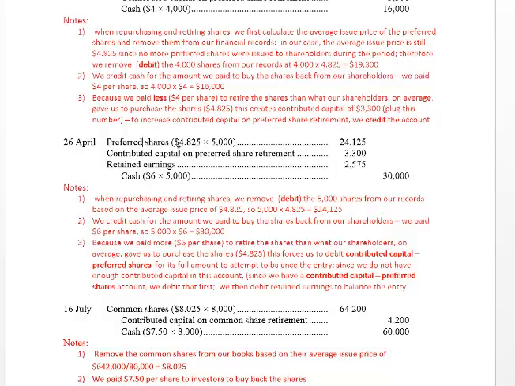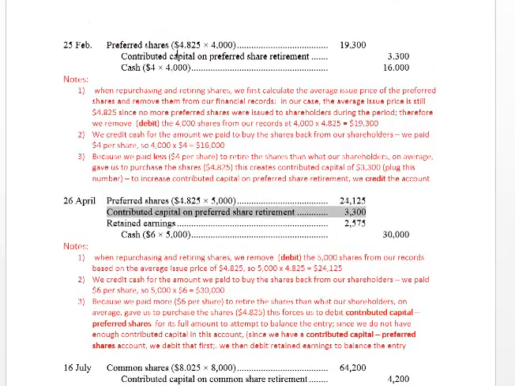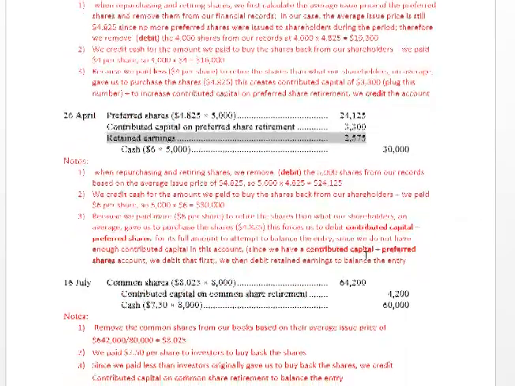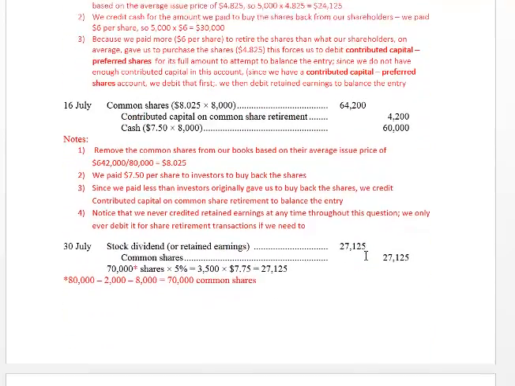Why? Because we already drew down on contributed capital to the extent that we had it. We only had $3,300 in it. We had calculated that here. But now we didn't have enough to balance the entry, so we had to debit retained earnings by an additional $25.75. So what we did is we reduced retained earnings by that additional amount.